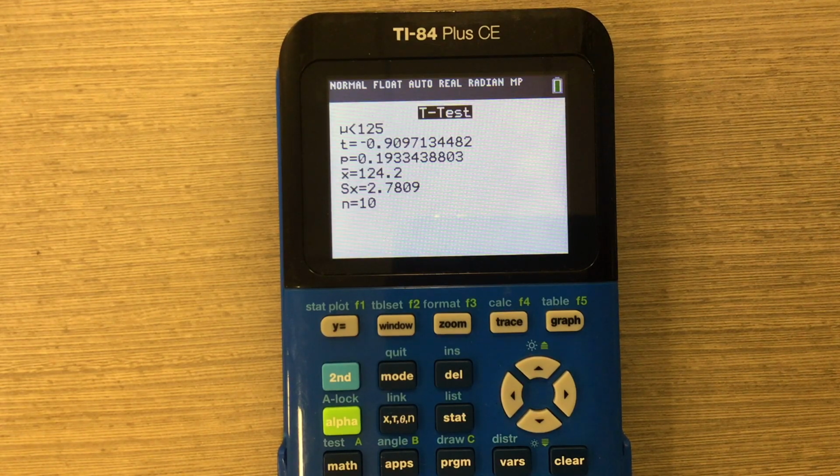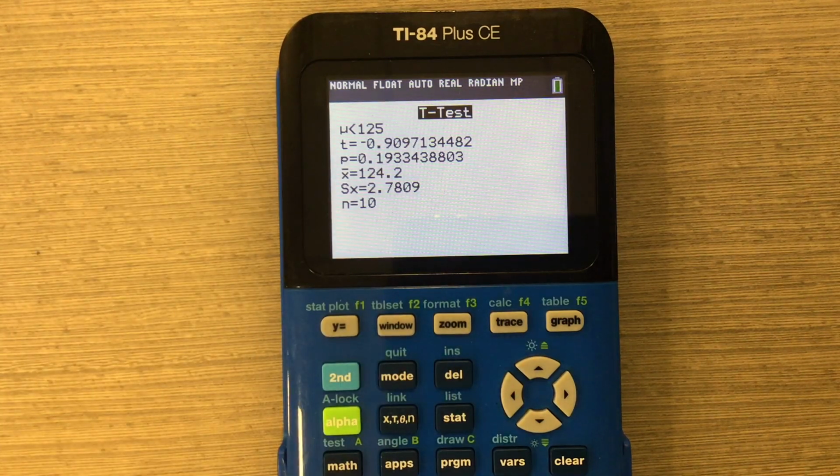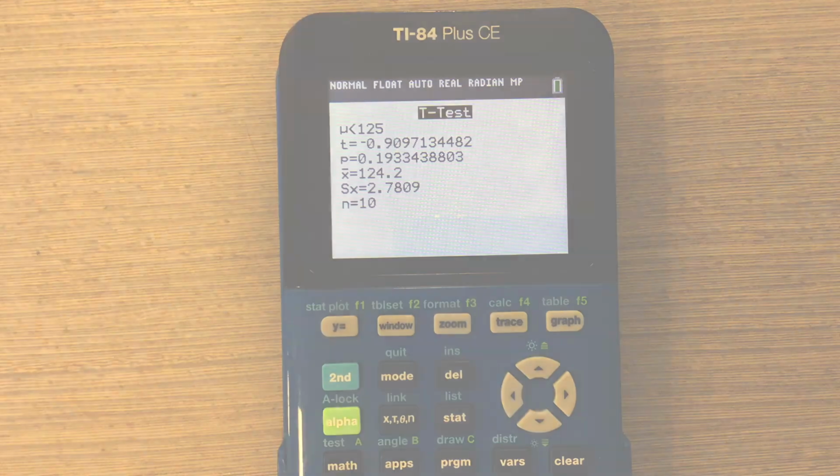So I would need to write down somewhere df equals 9, or as I did in my work there, t sub 9. It is understood that that little subscript on my work is the degrees of freedom, and so that counts as displaying the degrees of freedom. So if you're going to copy from here, I would write down t and p and df, and then be done with the work if I needed to.